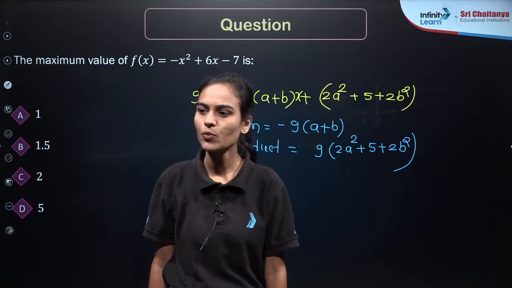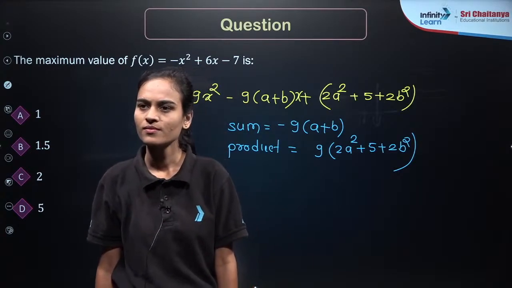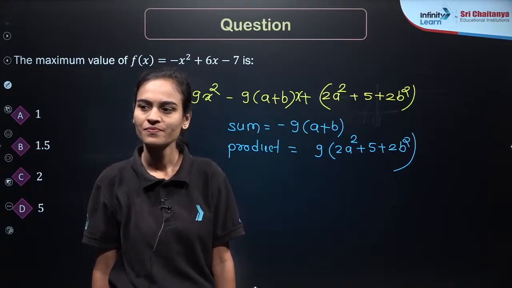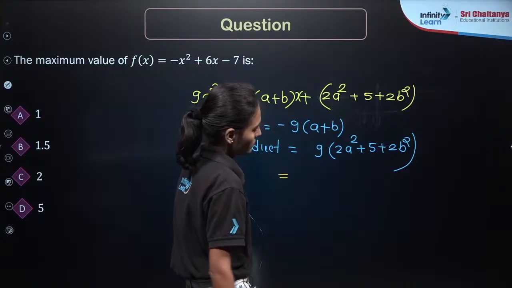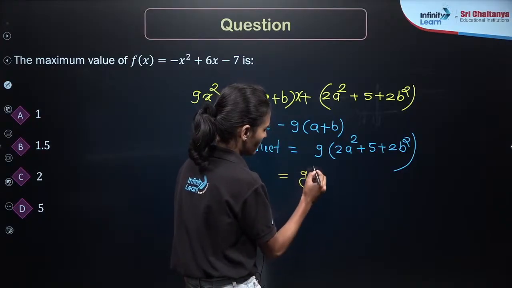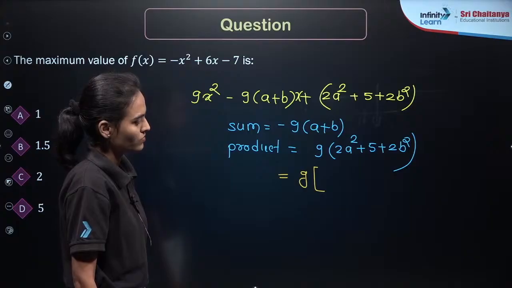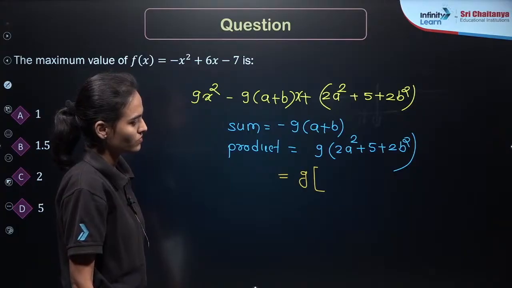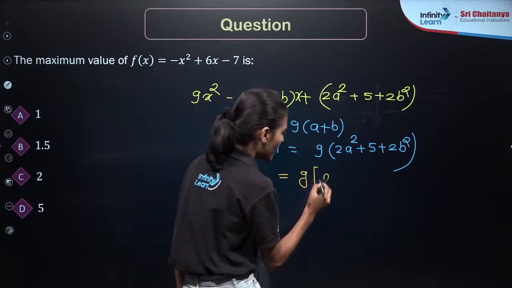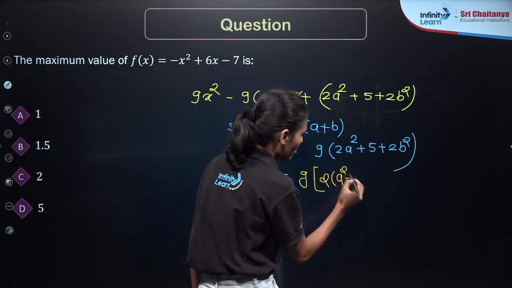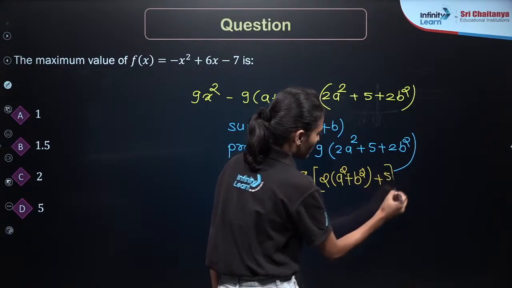Can you come up with some points? So we can take this as 2 inside (a square plus b square), and plus 5ab.